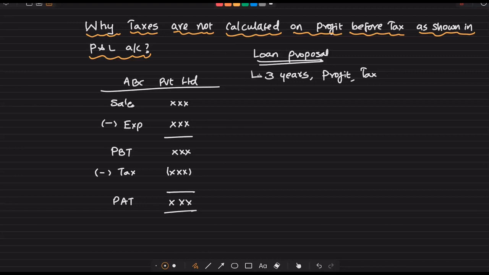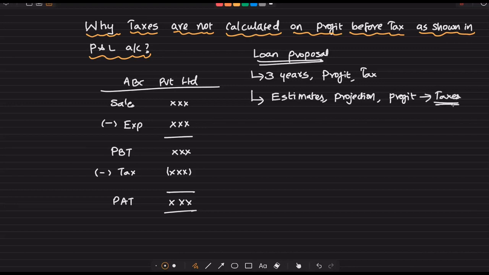Okay. And then they will also estimate and do projections. There will be estimates, that's for the current year. There will be projections, that's for the future year. And they will calculate profits for the future, and they'll also calculate taxes on it.